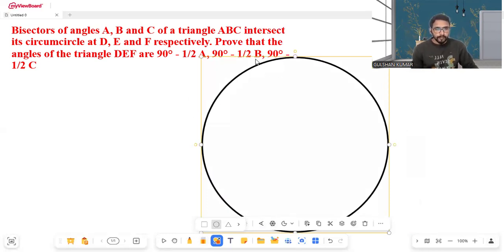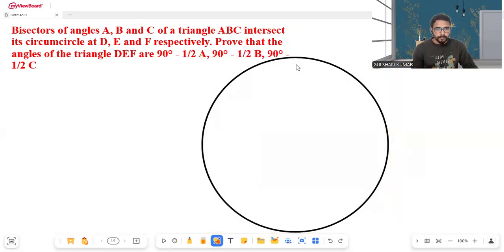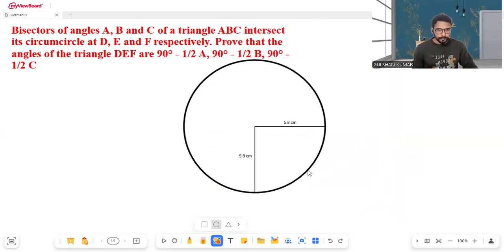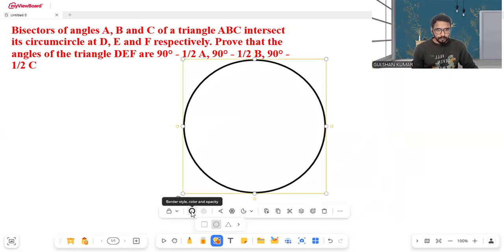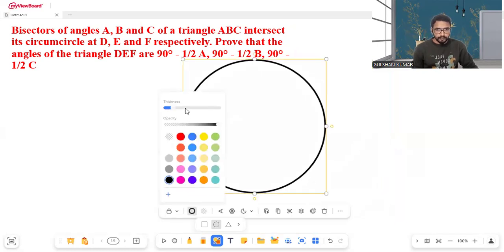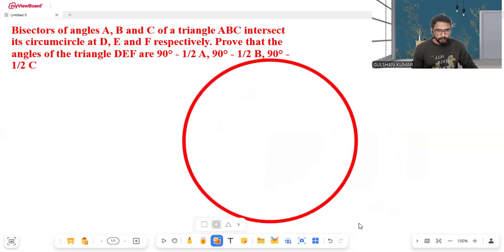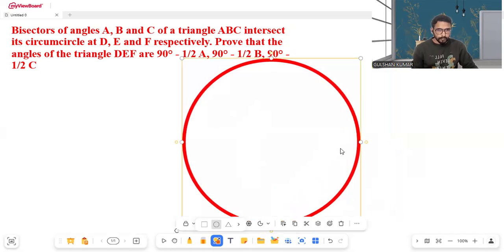We increase its thickness and change the color, and enlarge it so that the triangle inscribed in it we can easily see.